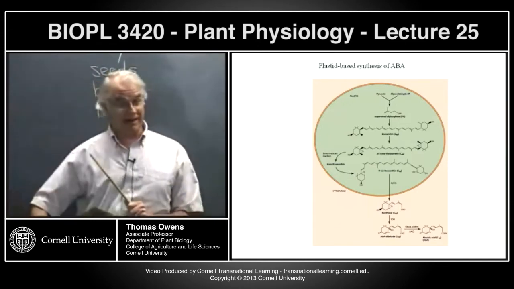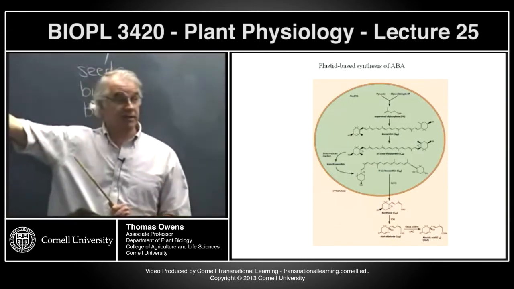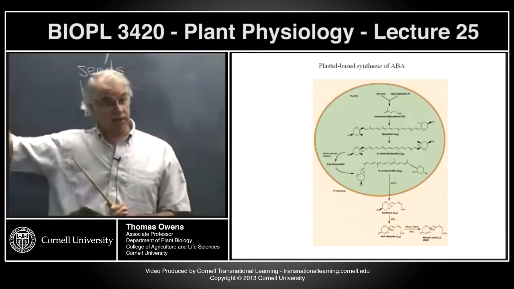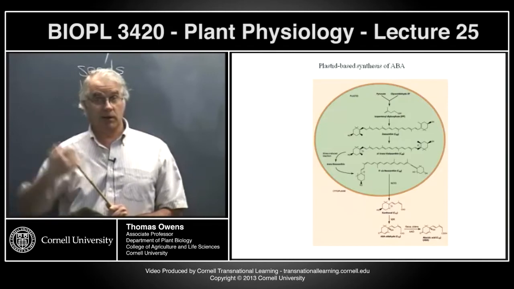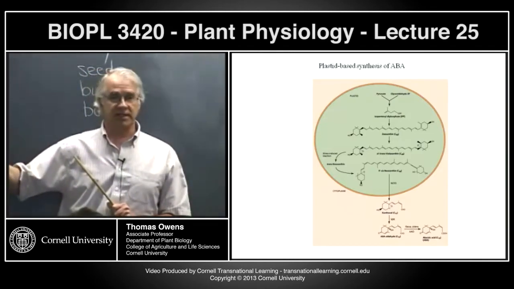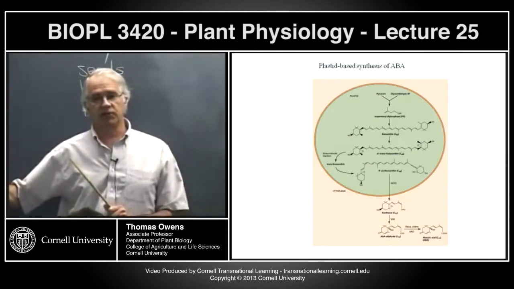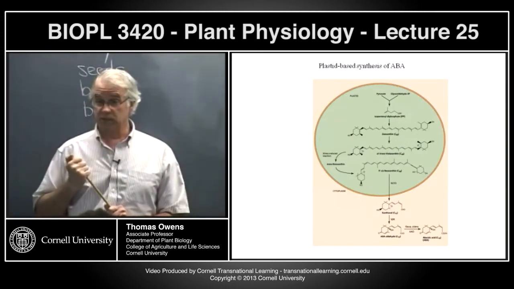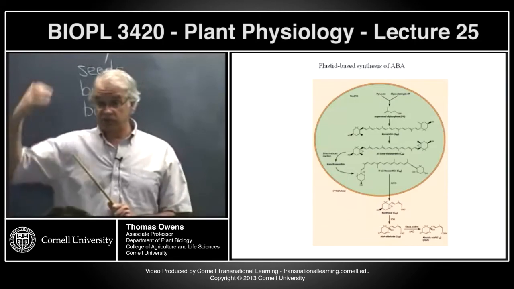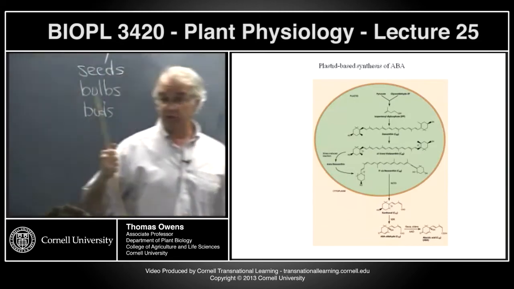It's what's being made, right? Something is going to have to trigger that to turn on enzymes that are going to convert these carotenoids into ABA. But I just wanted to bring to your attention that this is a totally different type of enzyme chemistry than what we normally think about, because it's happening with substrates that are embedded in the middle of very hydrophobic proteins.